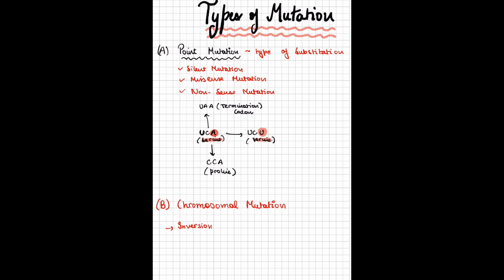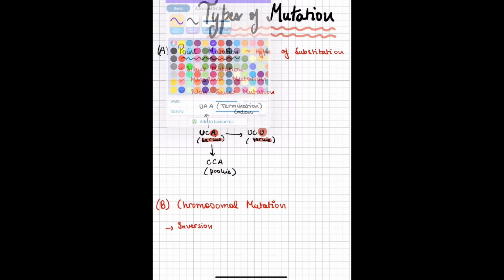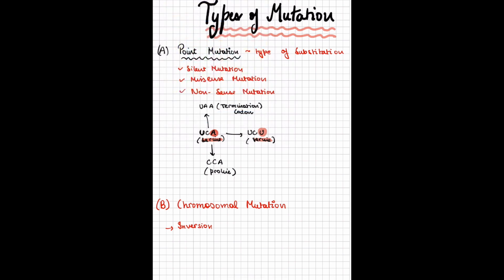But what if I replace cytosine with adenine? It will convert into a termination codon. So the protein chain will not be completed. It will form truncated protein, that is shortened protein. So this type of mutation is known as nonsense mutation.